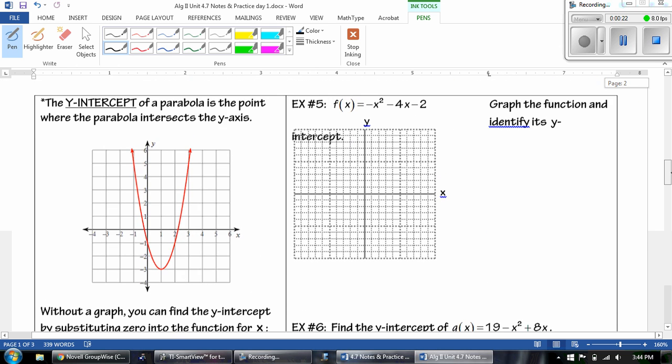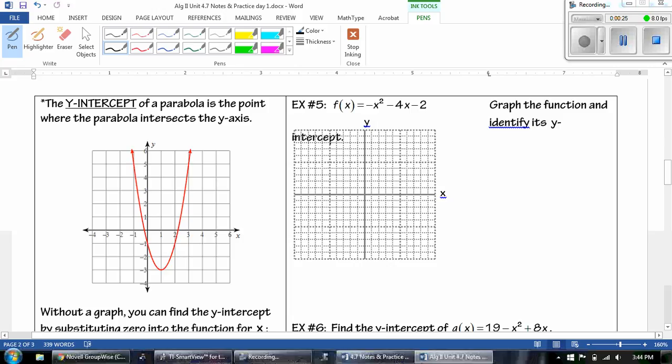So, on the back, we're talking about the y-intercept. The y-intercept of a parabola is the point where the parabola intersects the y-axis. So we all know where the y-axis is. I'm gonna draw it real quick, but you should know where that's at. And you look to see, where does our graph, the parabola, intersect or cross the y-axis?